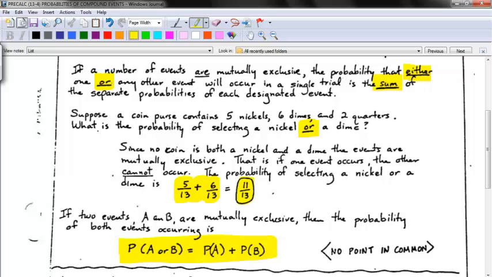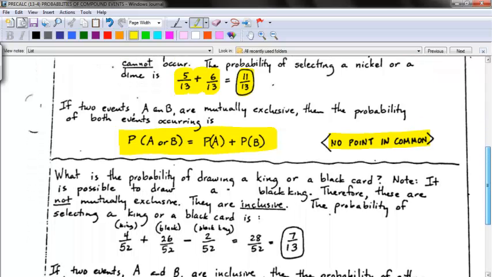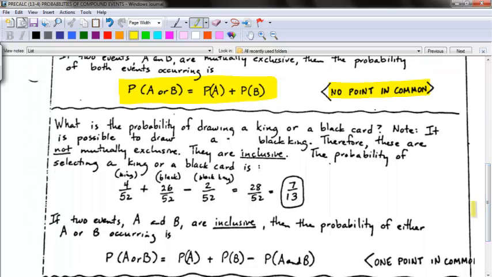And I put here, there's no point in common. It can't be a nickel and a dime at the same time.